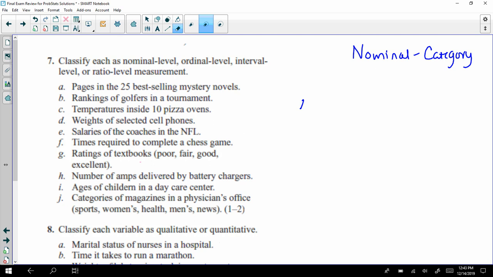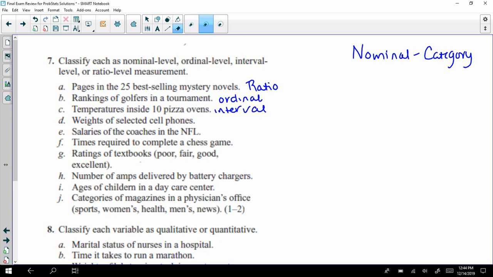So, pages in 25 best-selling mystery novels, that would be ratio. Rankings is ordinal. All right. Temperatures in pizza ovens is interval. Remember, no true zero.